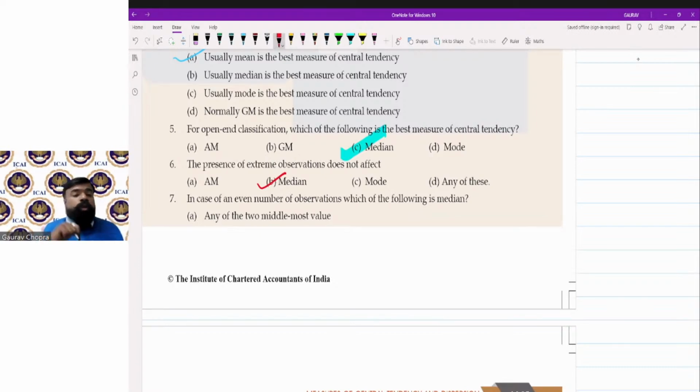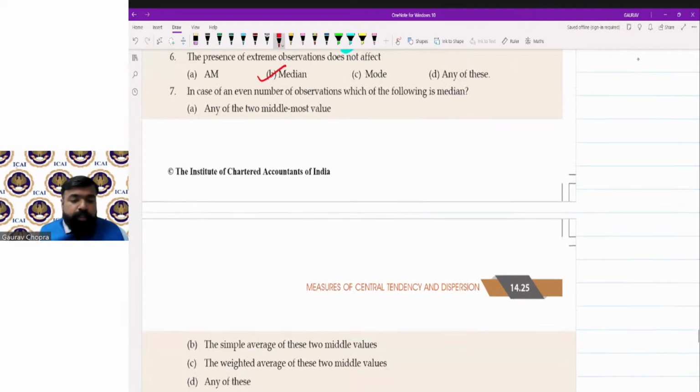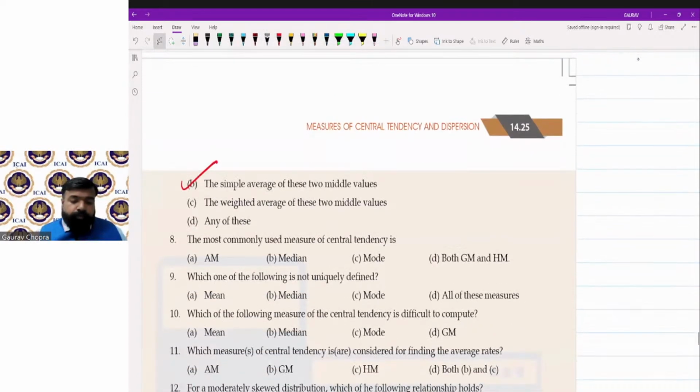Extreme means the smallest and highest values, so the median will not be affected by extreme values. Then in case of an even number of observations, how do we find the median? We find the rank first, and then take the simple average of the two middle terms.